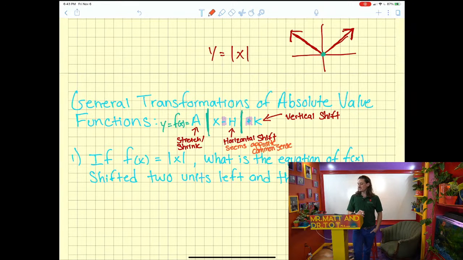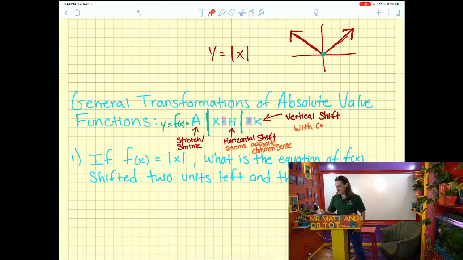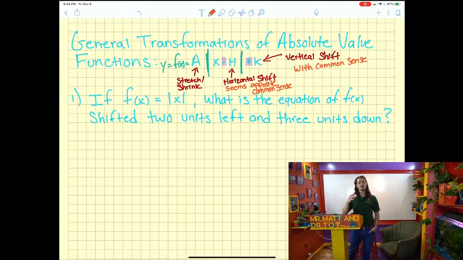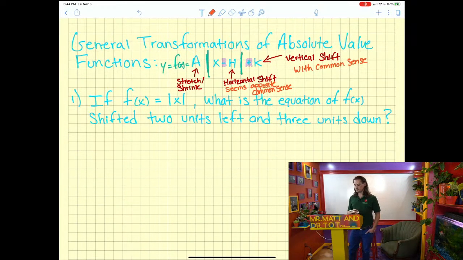If it's negative 2 next to the x, normally with respect to x, you would think that means left 2. But it's opposite common sense: if it's the absolute value of x minus 2 inside the absolute value bars, then that's indicative of a shift right 2. The k value, though, goes with common sense, because it has an addition sign next to it, so there is nothing negating the number itself.